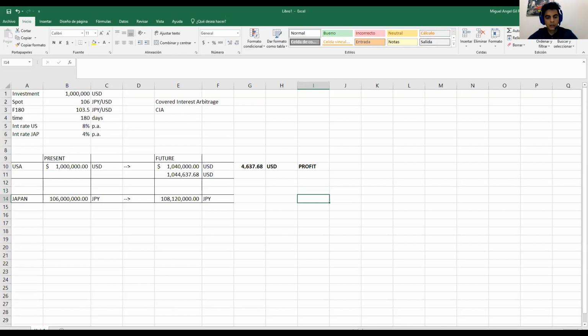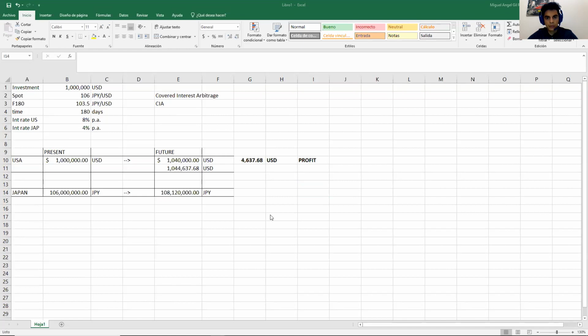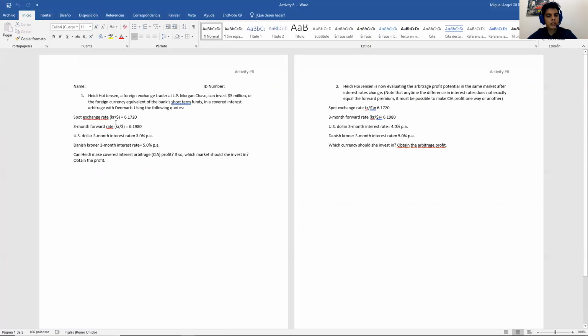So that will help you to solve the activities. I think it's activity 6 and homework 6. Let me explain really fast this thing with homework and activity. In activity 6, it's very simple.